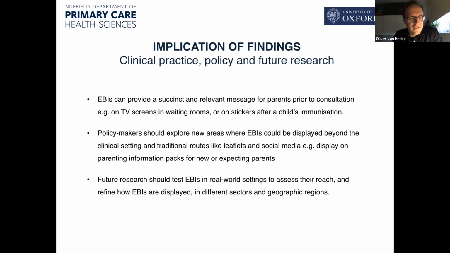And they were able to narrow that down to parents of young children. And so it's relatively straightforward to do that.